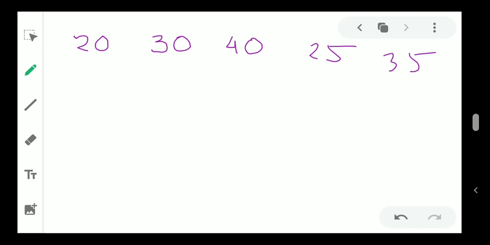So let us do another one. Let's say I have some students in my math class, and the first boy has got 20, the second boy has got 30, the next boy has got 40, somebody has got 25, somebody has got 35. So what is the average? I have to find, this is the marks in your math test, say.